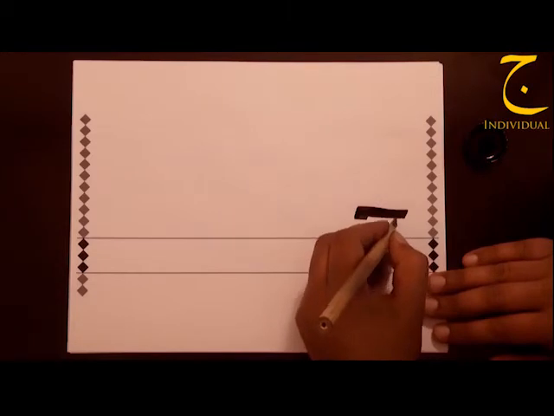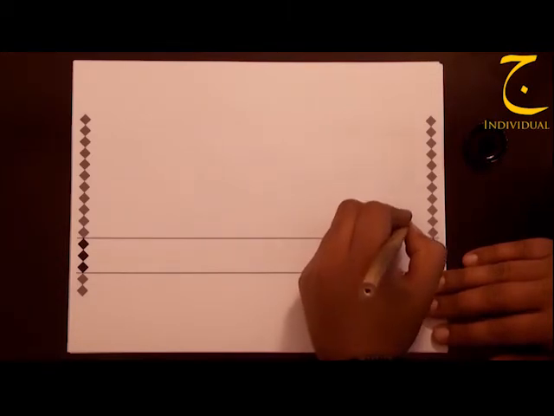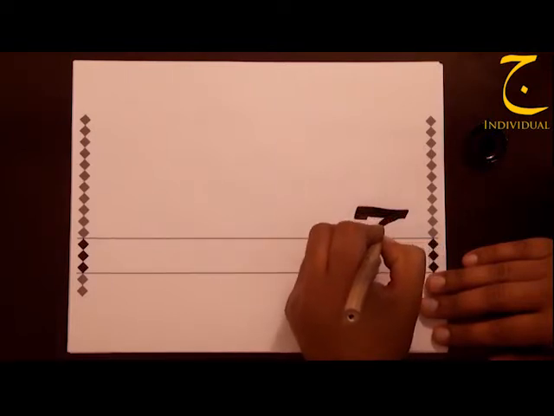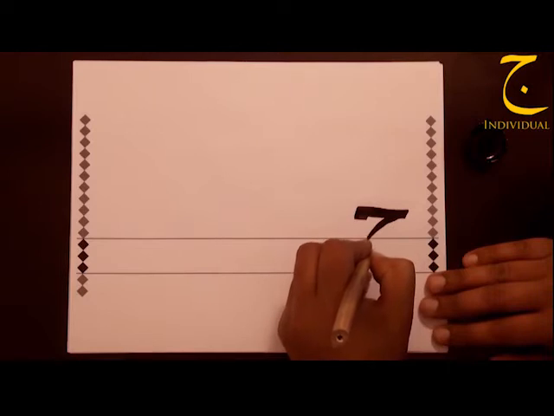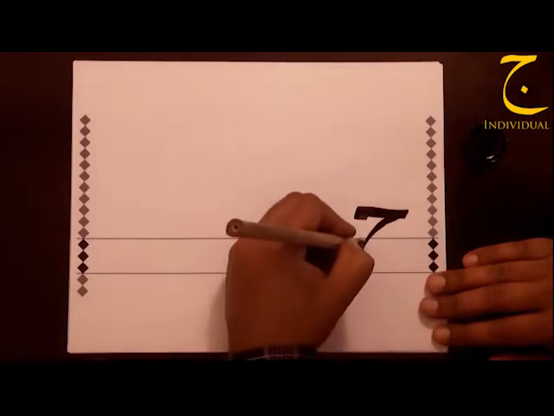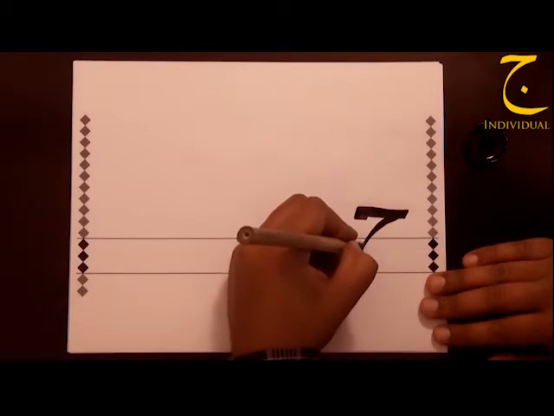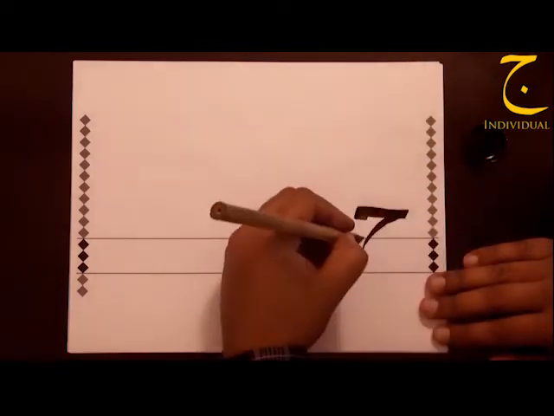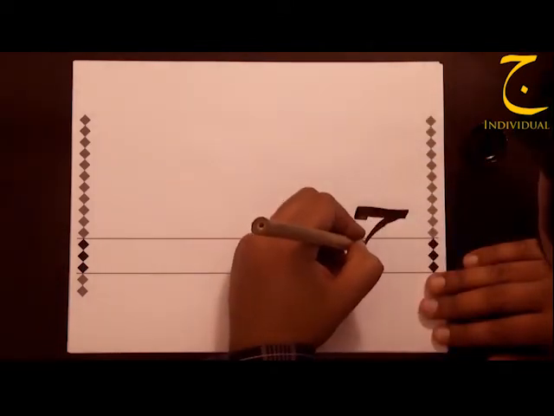So you start a little bit to the left of the rightmost point, and then you stretch down till 2 nuqtas below the top baseline. So in this case, we would not stretch it all the way down to the bottom baseline.